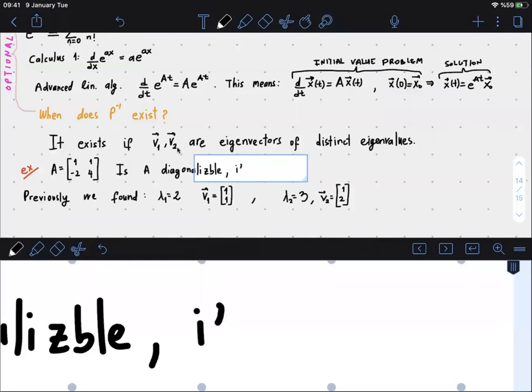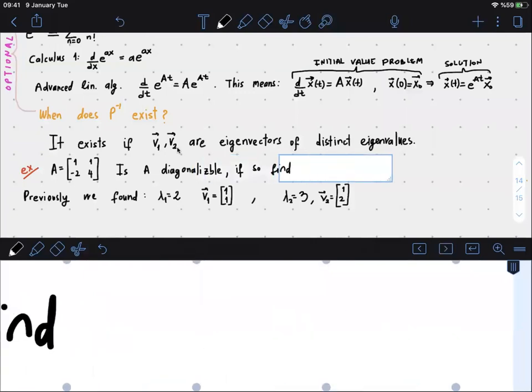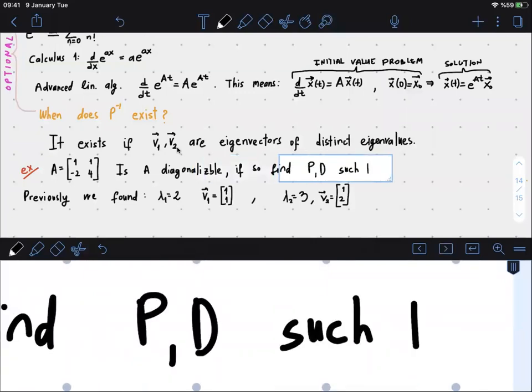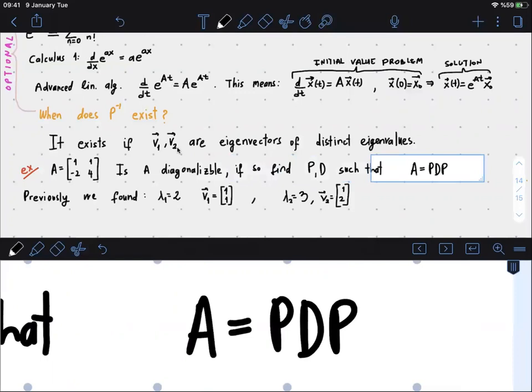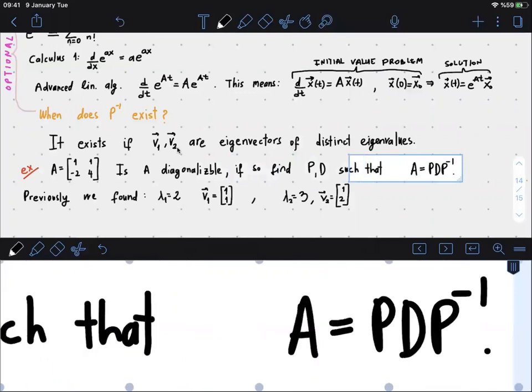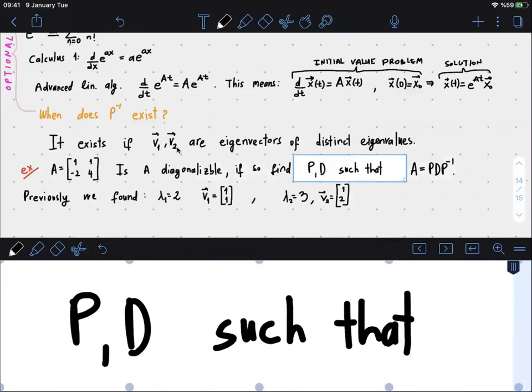If so, find P and D such that A equals P D P inverse, where D is a diagonal matrix.